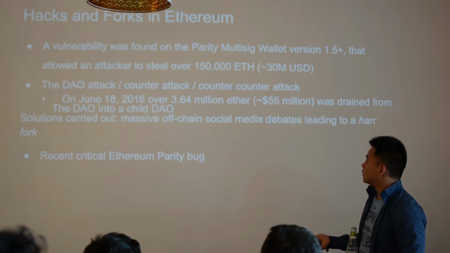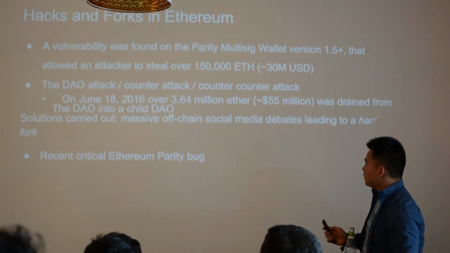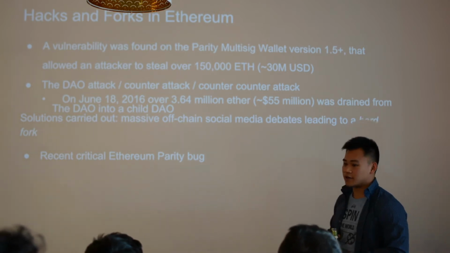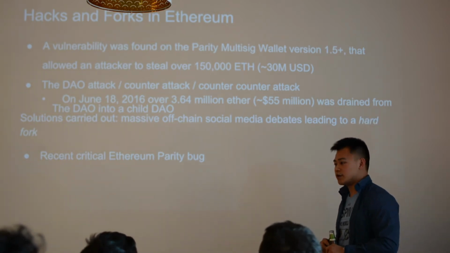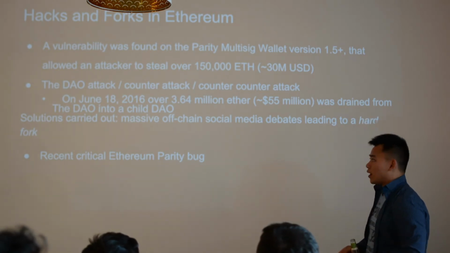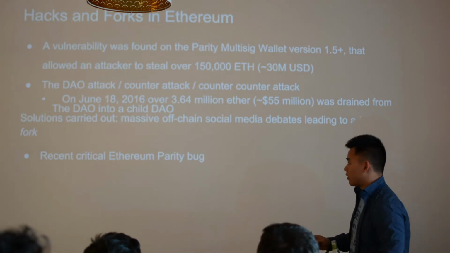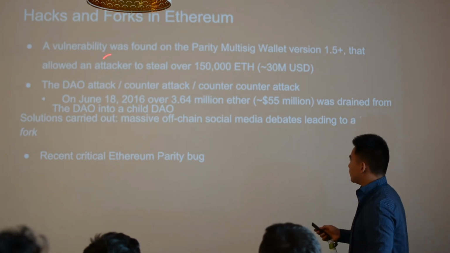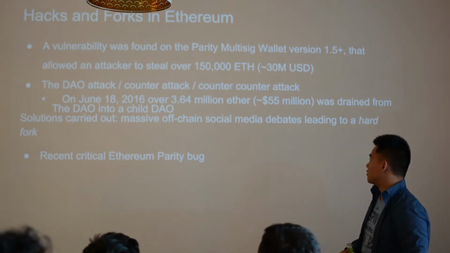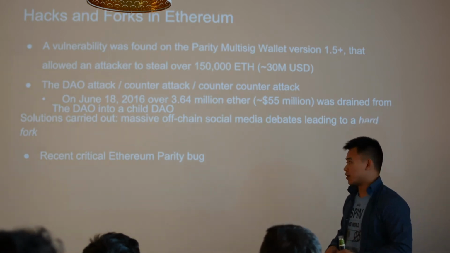So that's in Bitcoin. And in Ethereum, Parity, the company that designs wallets and Ethereum nodes, has a very bad track record in the software. A vulnerability was found on the multi-sig wallet where an attacker was able to steal 150,000 ethers, approximately $30 million US dollars, from their wallet software.